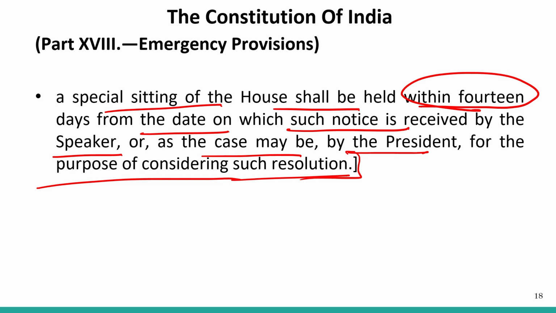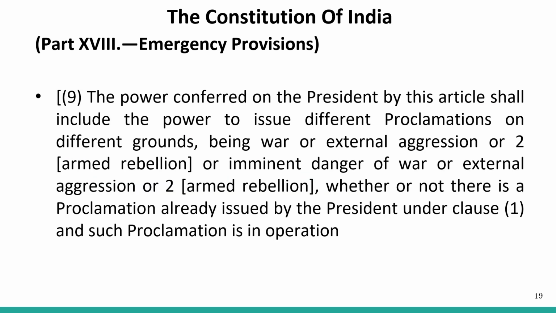If the lower house says that we don't want the emergency to continue, they will send a notice to the President as well as to the Speaker of the House if they are in session, disapproving that proclamation, and immediately a special sitting will be held within 14 days, and in that meeting it will be decided whether that proclamation should continue or should cease to exist.